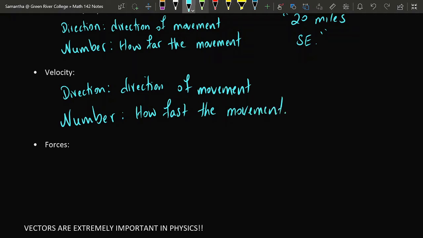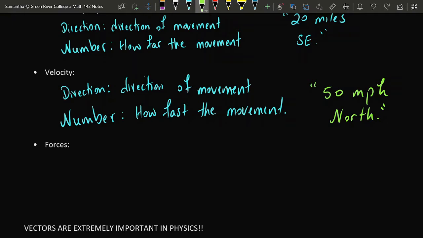To describe a velocity, it would not be unusual for me to say something like 50 miles per hour to the south or to the north. The 50 miles per hour is the number representing the speed, and north is the information about the direction of the movement.